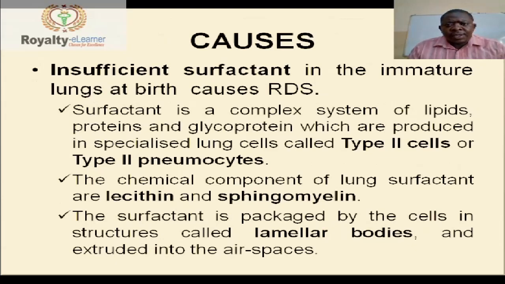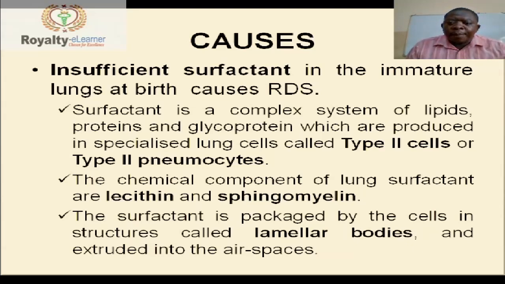What are the causes of RDS? So the first cause is insufficient surfactants in the immature lungs at birth. Surfactant is a complex system of lipids, proteins, and glycoproteins which are produced in specialized lung cells called type 2 cells or type 2 pneumocytes.